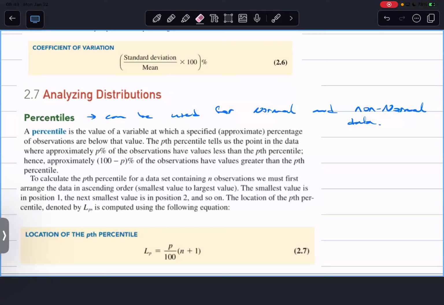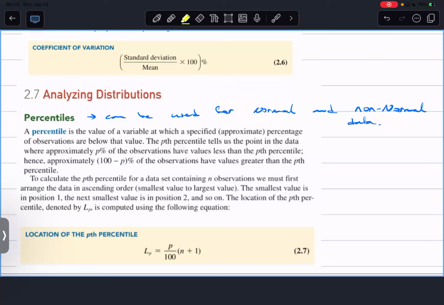We'll always be able to calculate the mean, the median, the standard deviation, the percentiles, later the quartiles. So it's our job to know which ones are appropriate, depending on the shape.